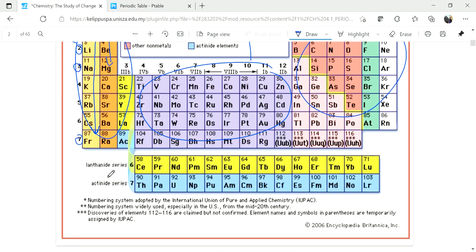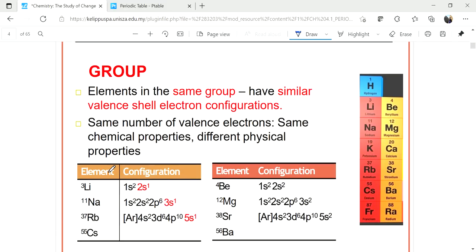What are the differences? For group, all the elements in the same group, all the elements in group 1 and all the elements in group 2, have similar valence electrons. All the elements in group 1, the valence electron is 1. All the elements in group 2, the valence electron is 2.